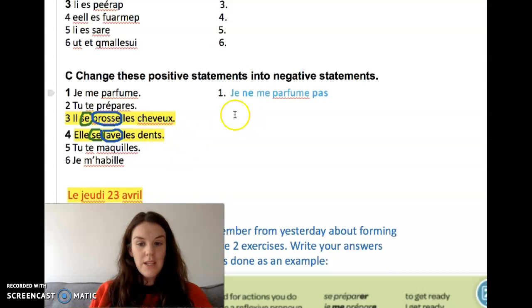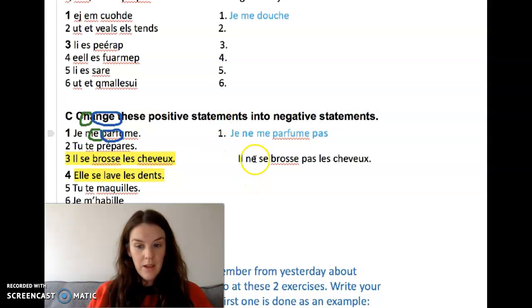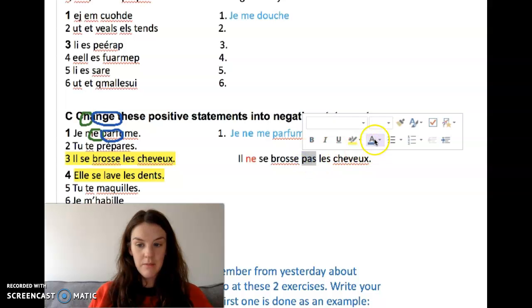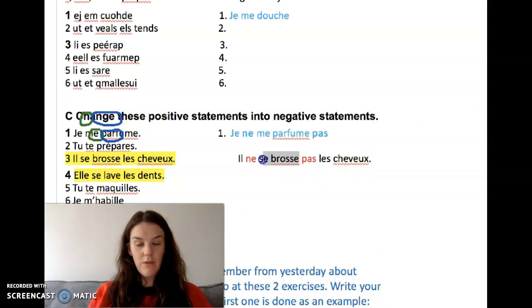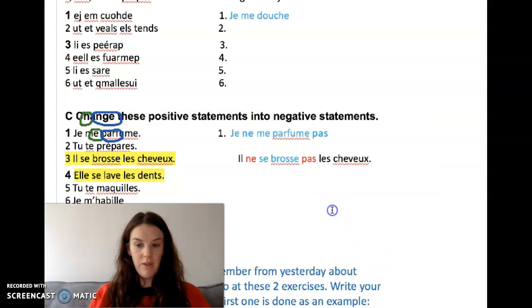So if I am writing this out in a negative, I would write il ne se brosse pas les cheveux. So he does not brush his hair. So again we have the ne and pas surrounding the reflexive pronoun and the verb.